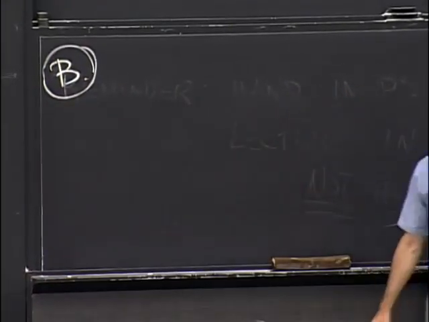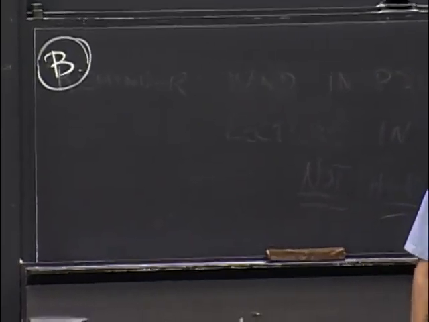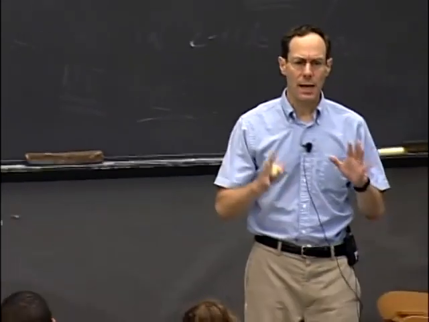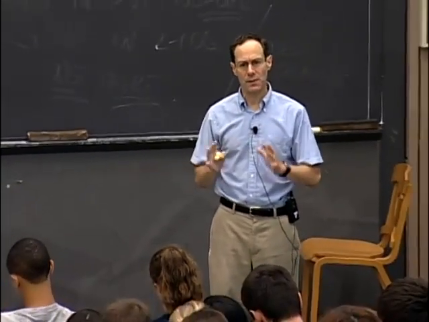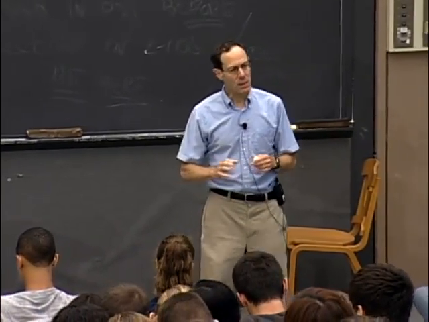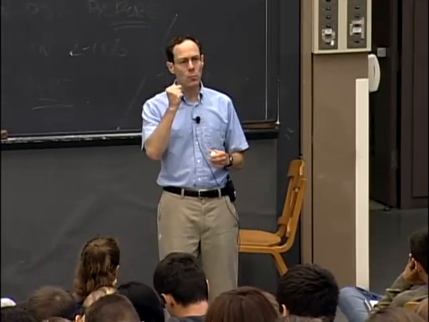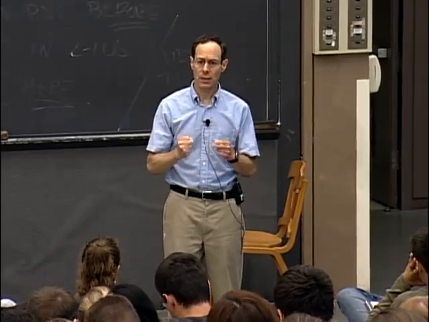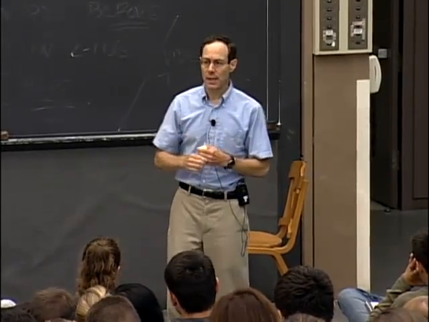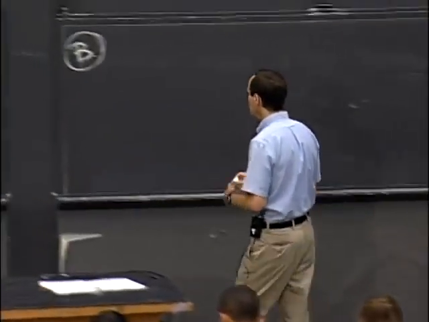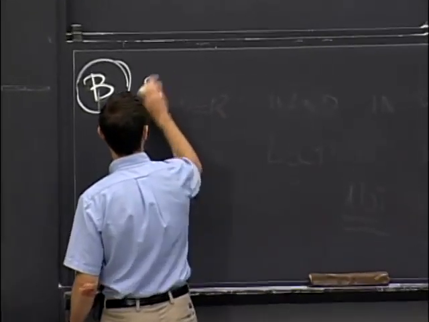So I need to figure out property B. Now, we only have one alternative as to a type of proof that we can give of this kind of result. And that's because we only have one way of describing sine and cosine functions, that is geometrically. So we have to give a geometric proof.